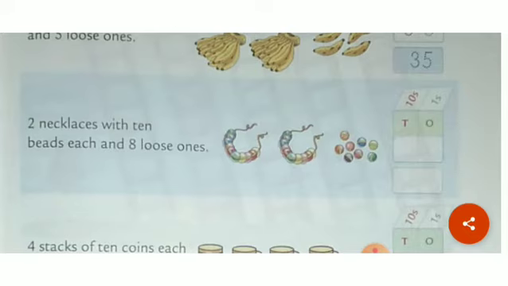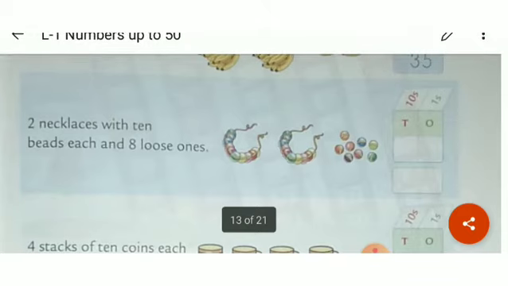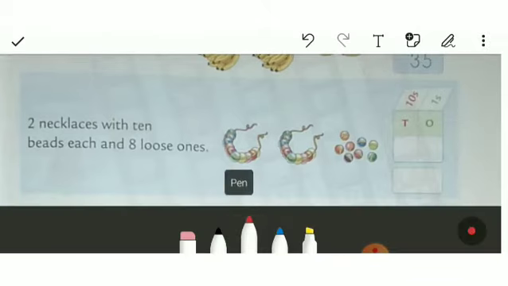And 8 loose ones are given, so that count 8 we will write on ones place. Okay. So let us write 2 on tens place, 8 on ones place. This way we get the number 28. So write it again here in this box. This way you have to complete the remaining ones.